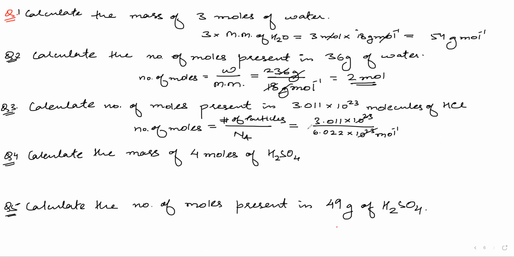The 10 to the power 23 cancels, and this is 1 by 2, which will be equal to 0.5. This mole inverse will get above and become mole.